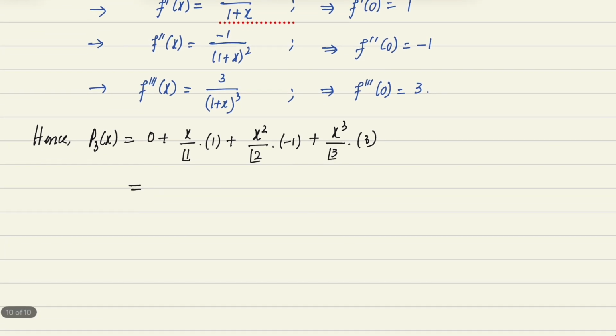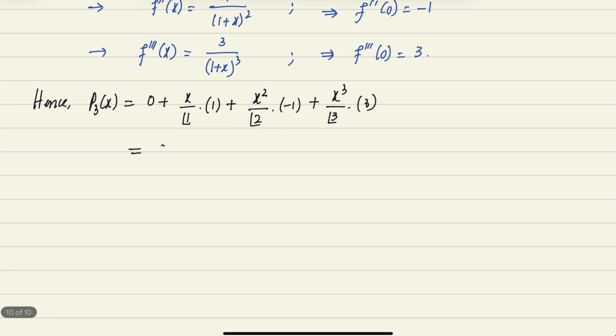So finally this becomes x minus x square divided by 2 plus 2x cube. So this is the third degree Taylor's polynomial for the function log of 1 plus x at a equal to 0. So we are done with the first step for evaluating the Taylor's polynomial of third degree.